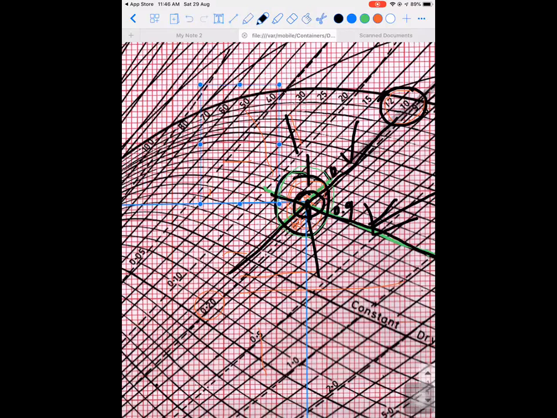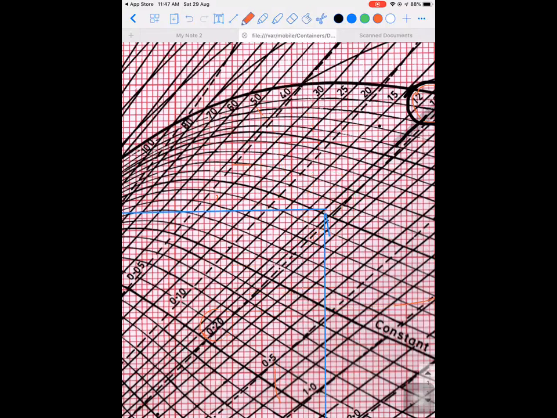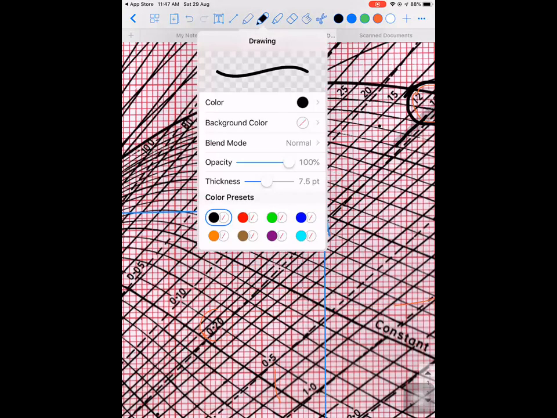Then automatically I'm able to draw this. Identify this 10 bar line. That's the first operation I have gone for.